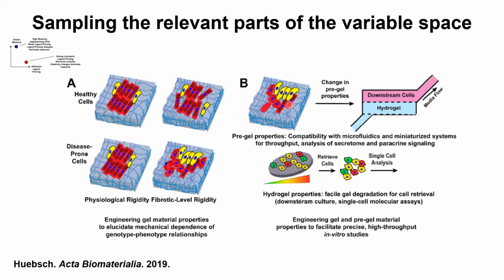And I'll just leave you on this slide. I would say another final comment on this is that when we're using synthetic extracellular matrices, we have the opportunity not just to ask fundamental questions about how cells sense their environment and how mechanics are transduced. We also have the opportunity to ask, how could I make a material that's easier to incorporate in a microfluidic device, or a material that's easier to inject?